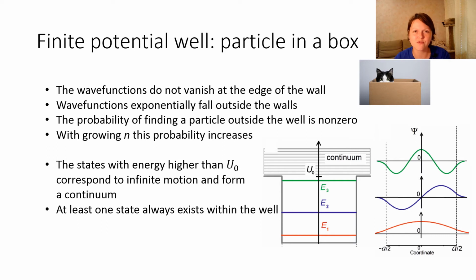The states with energy higher than the height of the box correspond to infinite motion and form a continuum. And at least one state always exists within the well. So these are the main differences between the infinite potential well and the finite potential well.